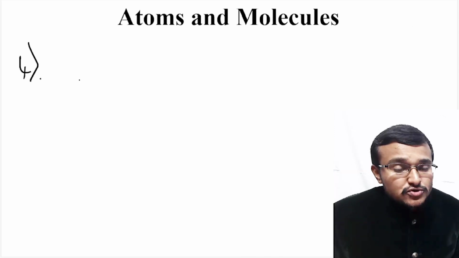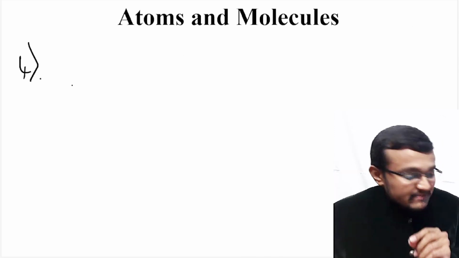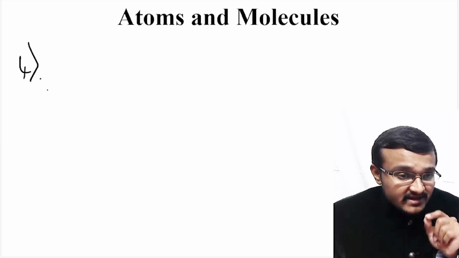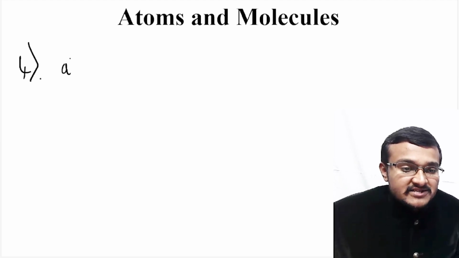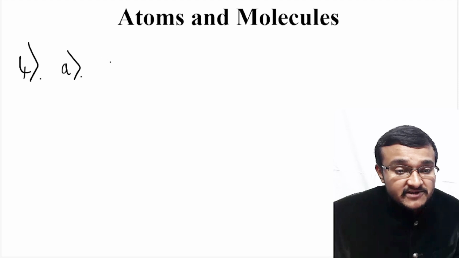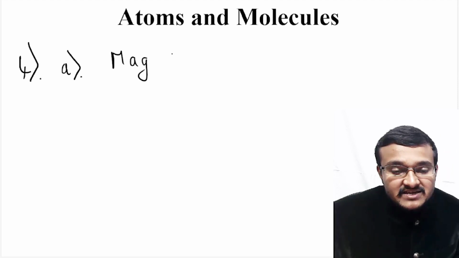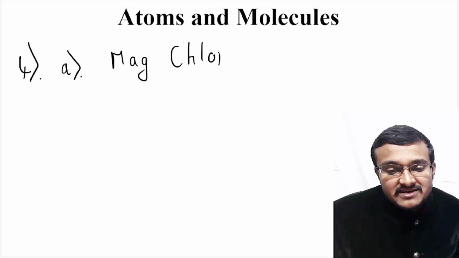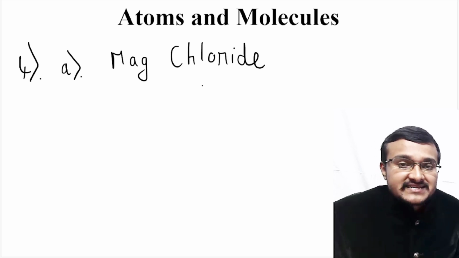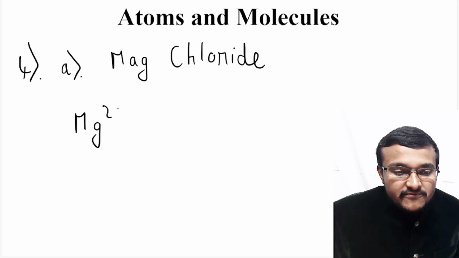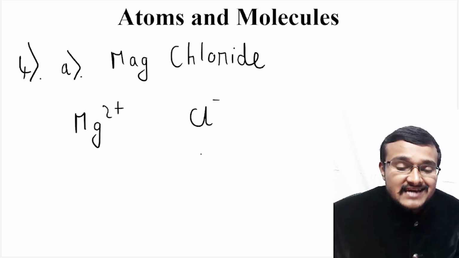Coming to the fourth question, they have asked to write the chemical formula of the following molecules. The first, A, is magnesium chloride. In magnesium chloride we have Mg and chlorine. The charge of the Mg ion is 2 plus and the charge of chlorine is Cl minus.